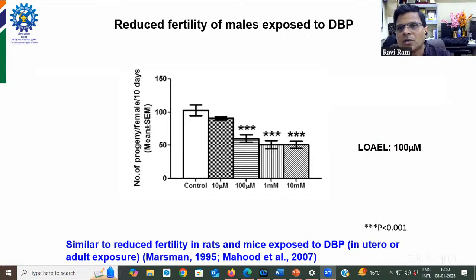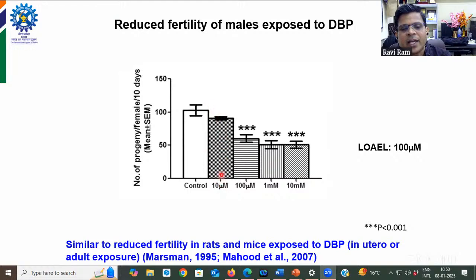The first concentration, for example, we started with something around 10 micromolar concentration of the chemical. You don't see any significant change compared to control. Whereas here, you'll start seeing a significant change when you compare it to control. So depending upon the concentrations that you have taken, you can define this.